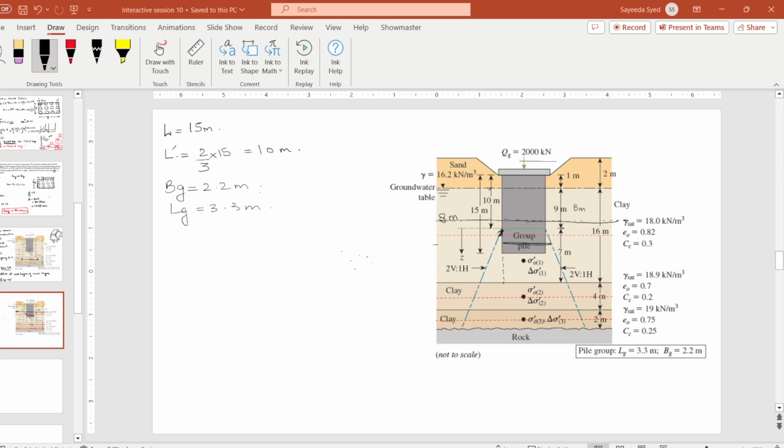Delta sigma is due to this. And when we are calculating the settlement, we write log of sigma plus delta sigma over sigma. If delta sigma is 0, sigma over sigma will be 1 and the whole thing will become 0. Do you understand my point?